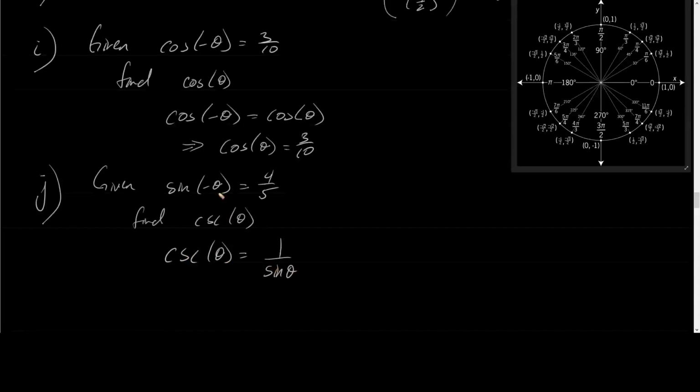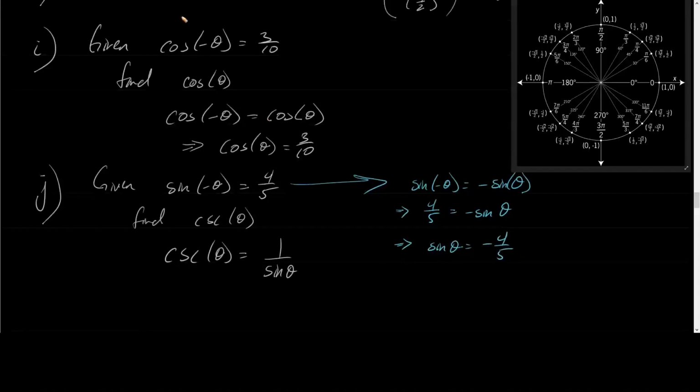So how do we use this for that? Let's do some side work. Since sine of negative theta is equal to negative sine theta, because sine is an odd function, and sine of negative theta was 4/5, we can say that 4/5 is equal to negative sine theta, which implies that sine theta would be negative 4/5.